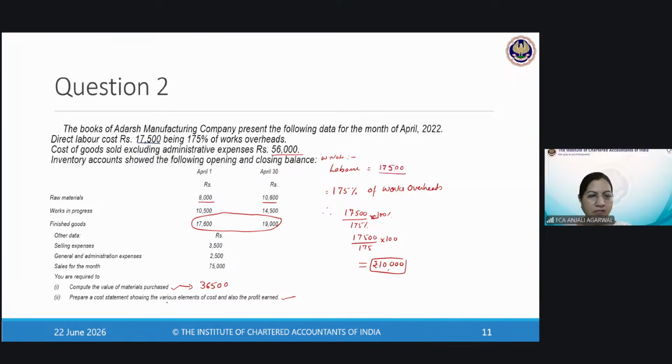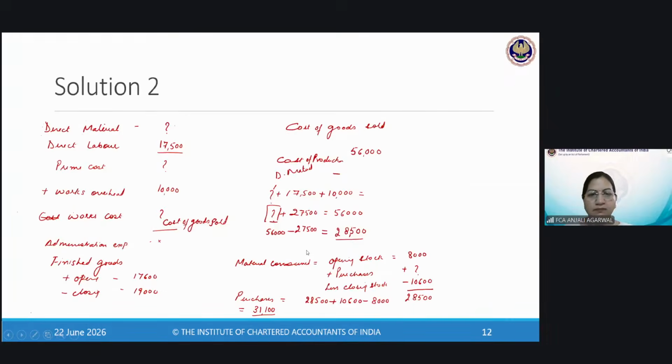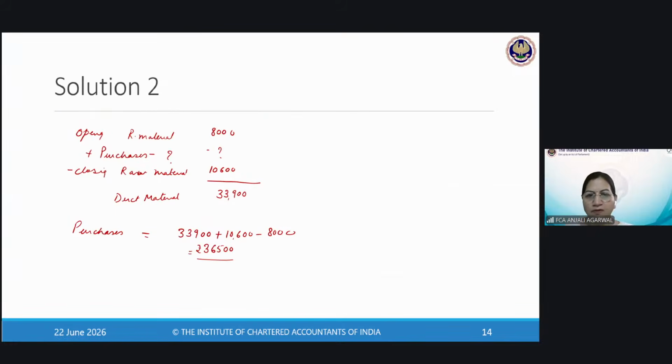Now you have to prepare a cost statement showing the various elements of the cost and profits earned. Now it becomes easy. So you prepare a cost sheet. Opening stock of raw material 8,000 plus purchases 36,500 less closing stock 10,600 gives 33,900, the raw material.